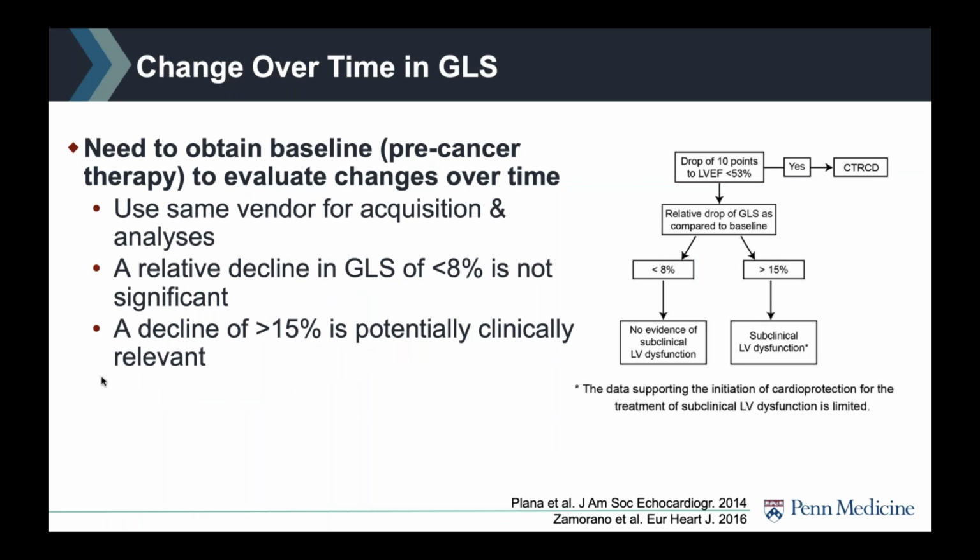And all these papers, all this research brought multiple guidelines and also position papers. This one is from the JCS 2014 that basically tells us that a decline of more than 50% is potentially clinically relevant. This is a suggestion.